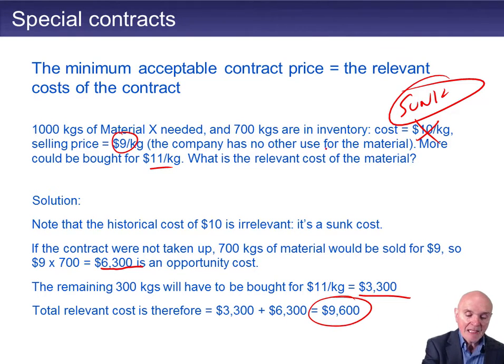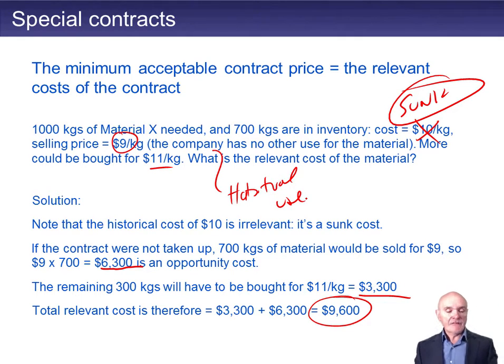If this material had been used, say, as normal, so it had a habitual use, then the 700 kilograms in inventory would have been used anyway by the company. All that happens, if we take the 700 units and use them on the special contract, is we have to go out and replace them immediately with another 700 units to use in the other activities of the company.